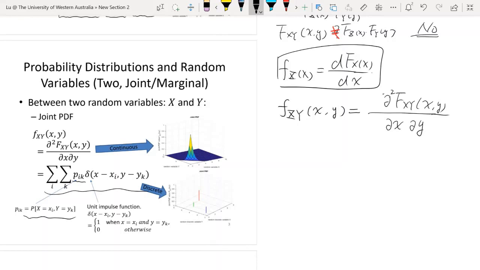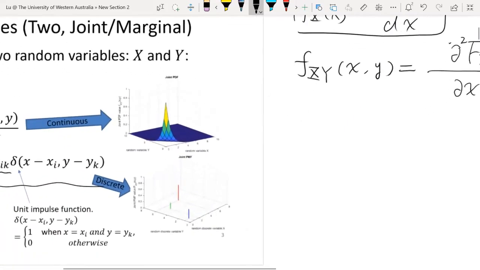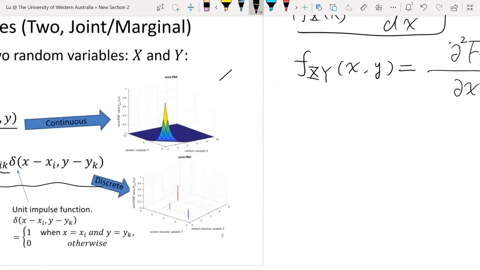On the right-hand side of the slide, you can see two examples given in the graphs. The first case is the joint PDF for continuous random variables. This is the x direction, for example, and this is the y direction. Similar to the joint CDF, the joint PDF is also in a 3-dimensional world.